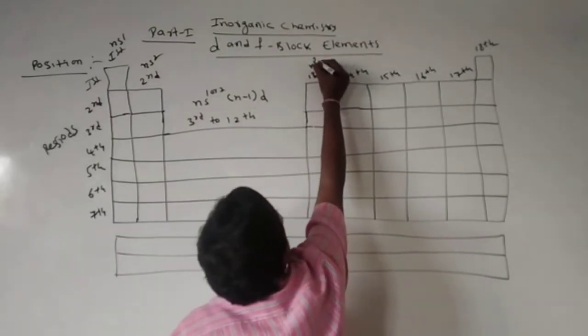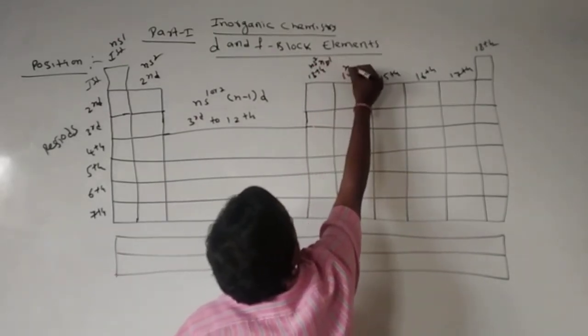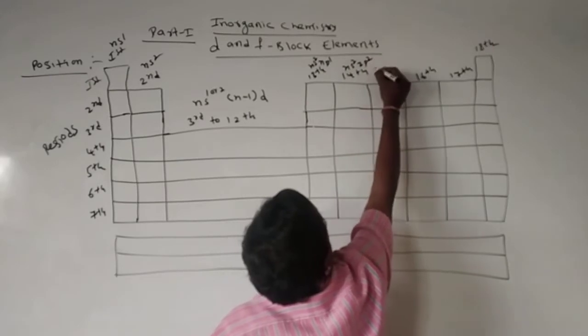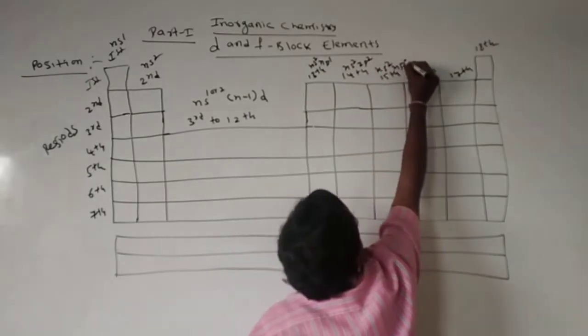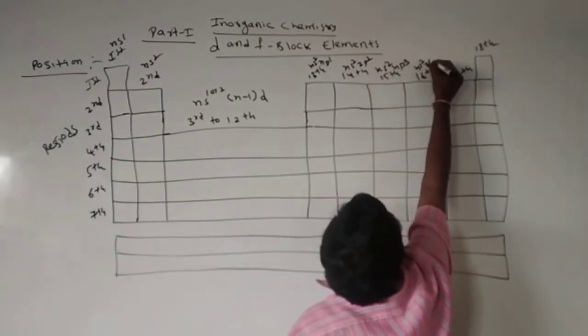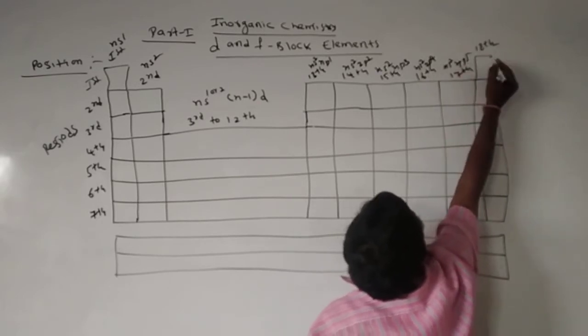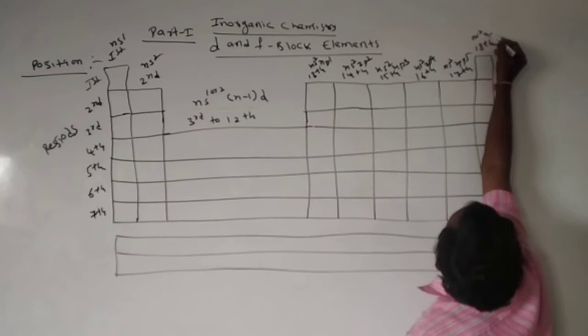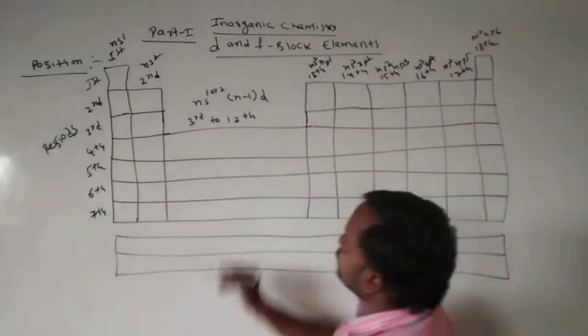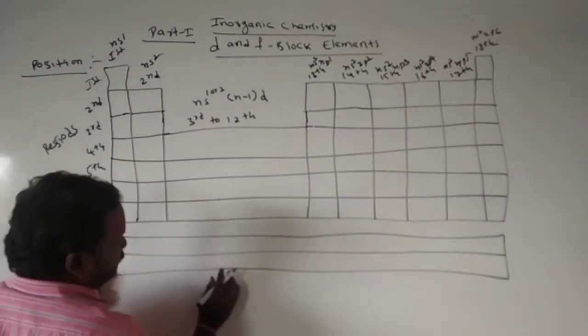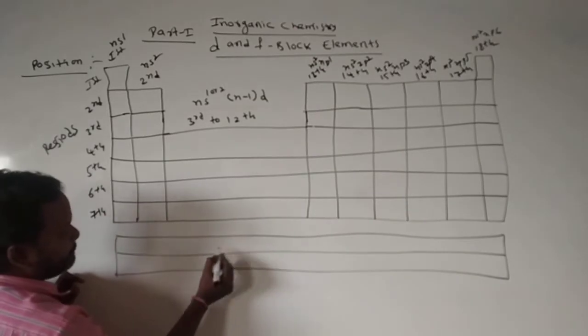Here ns2 np1, ns2 np2, ns2 np3, ns2 np4, ns2 np5, and here ns2 np6. This is the electronic configuration of these elements.